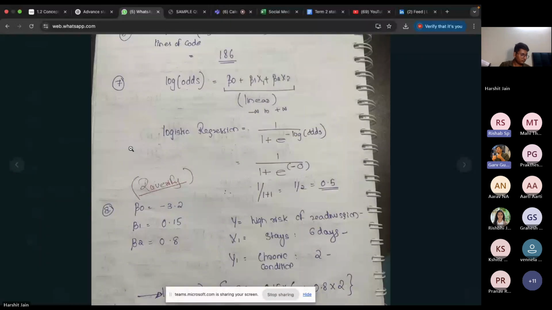So log odds is equal to linear regression, right? But what's that towards the end, towards the right hand side? So there's beta 0 plus beta 1 into x1 plus beta 2 x2. It continues, right, till beta n xn. Yeah, x2. Okay, x2. Thank you. Okay, next question, Harshit.